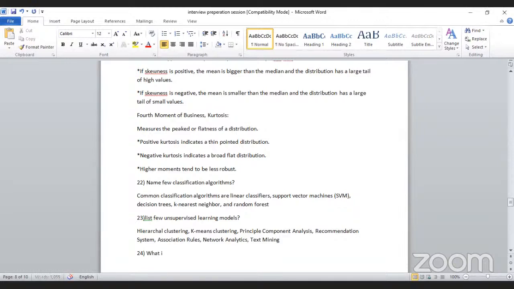So your next question is, what is reinforcement learning?